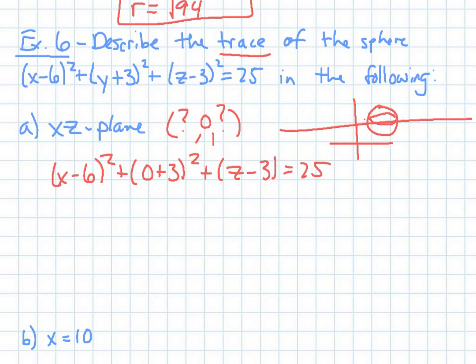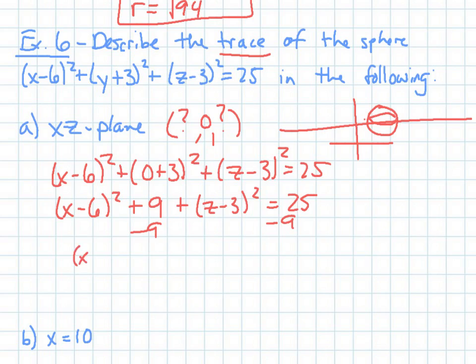So then 0 plus 3 is squared, so that gives me 3 squared, which is 9. So x minus 6 squared plus 9 plus z minus 3 squared equals 25. I need to move the 9 over, which gives me 16.